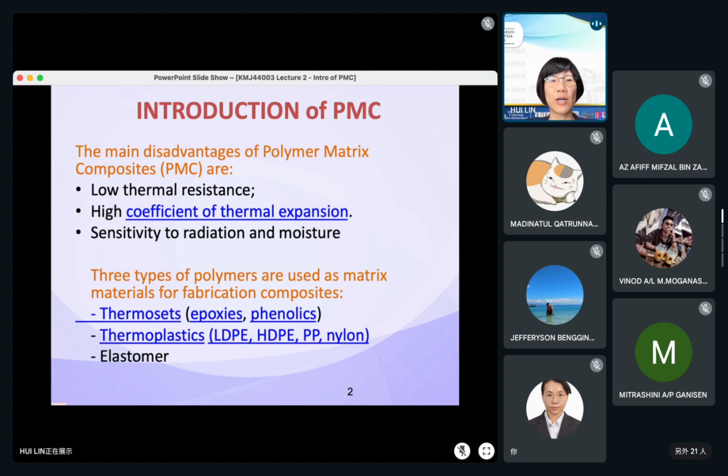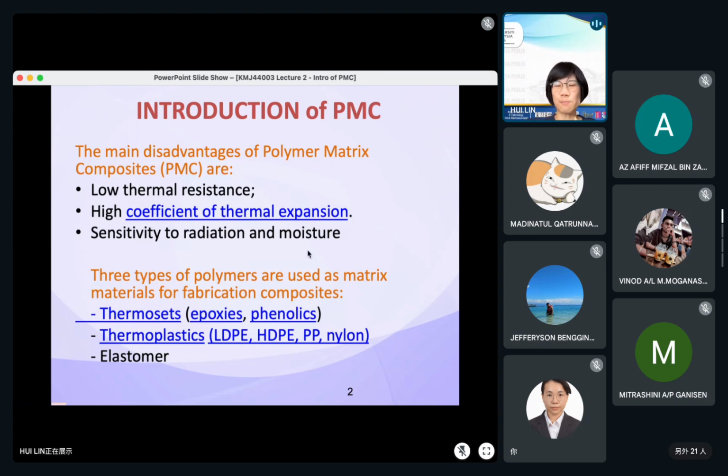We also know that the major disadvantage of the polymer matrix composite is its low thermal resistance. It's the same as the differentiation between polymer, ceramic, and metal that we covered in our physical class, where we know they are different.